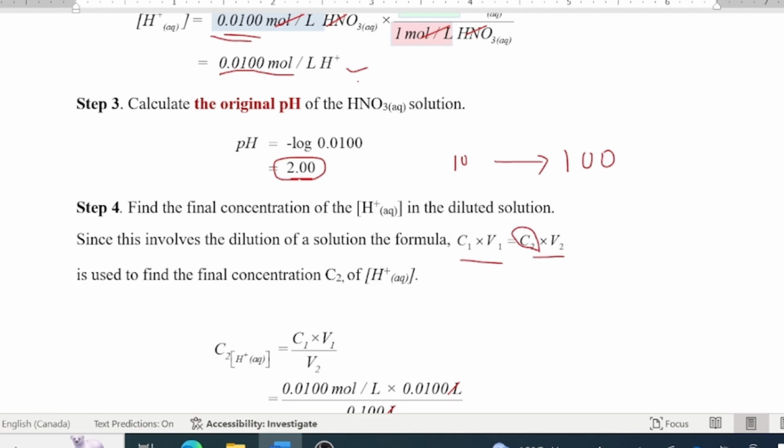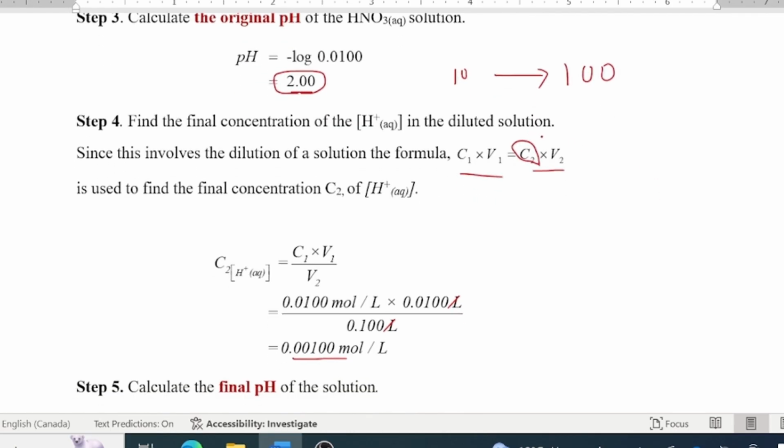Change all of those to liters. So you leave C2 as it is there, leave this, and you bring down the V2 there. So C2 will be equal to C1 V1 over V2. This is C1, this is 10 milliliters, and this is V2, which is 100 milliliters, and this is your new concentration. When you dilute it, of course, the concentration gets less.